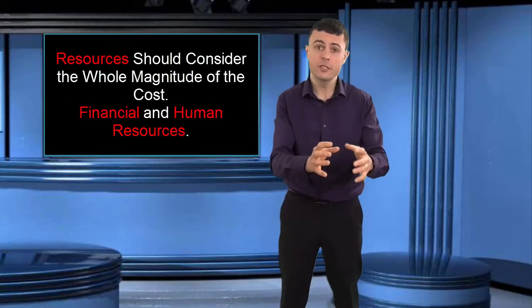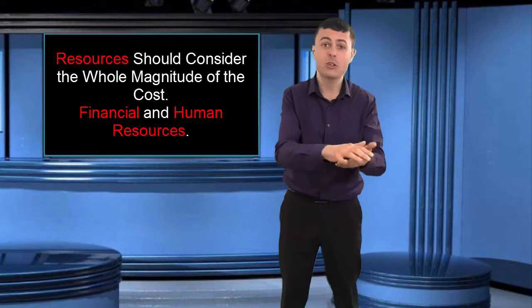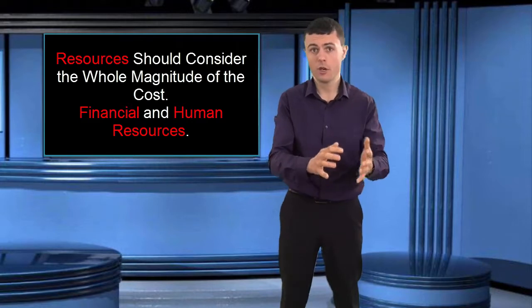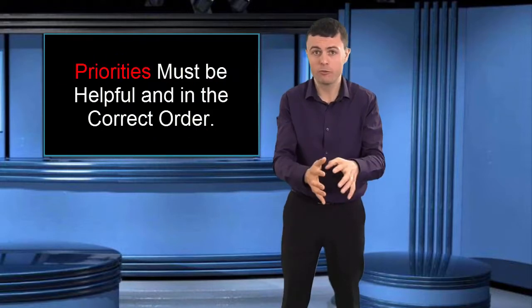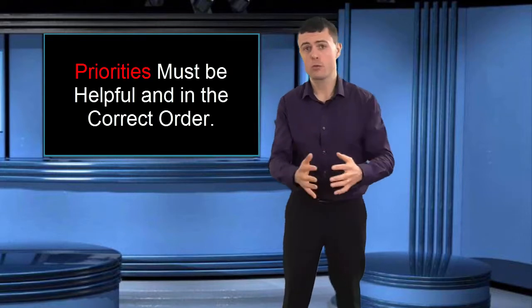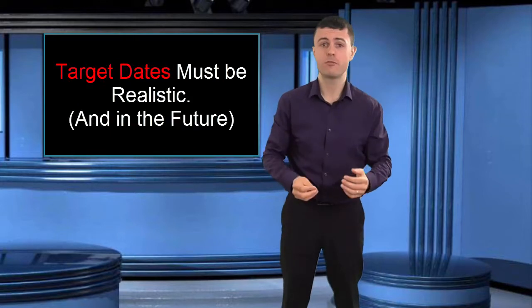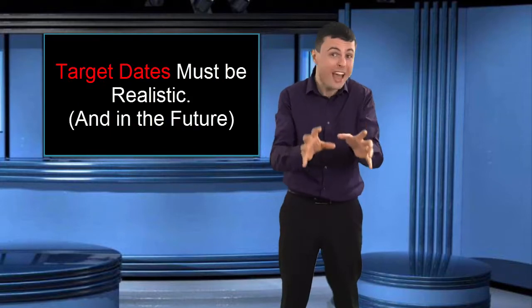The resources should consider the whole magnitude of the cost, financial and human resources. Priorities have to be helpful and tell the manager which ones should be done first and which ones can be done last. And finally, the target dates have to be realistic. And if you can do that well, that's another 15 marks.